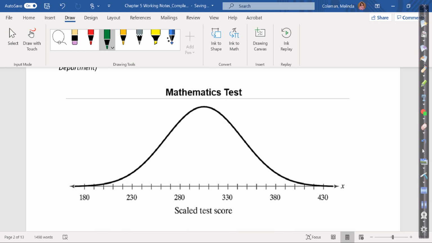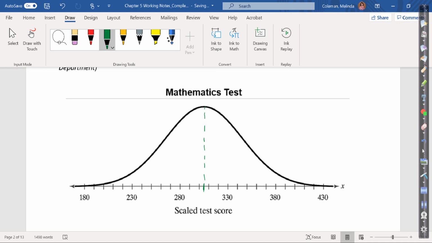So if we try to find right in the center, it looks like my mean score is going to be somewhere right in here. If I look at the scale of this, it's about every 10 units.